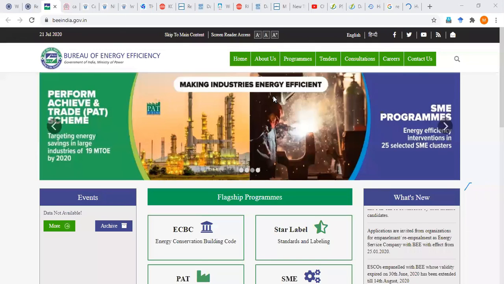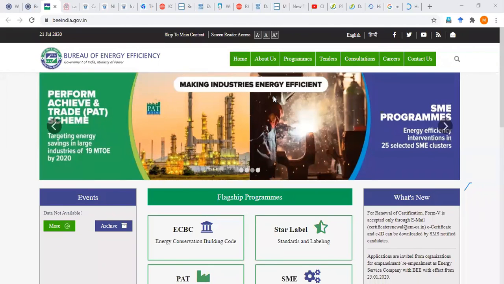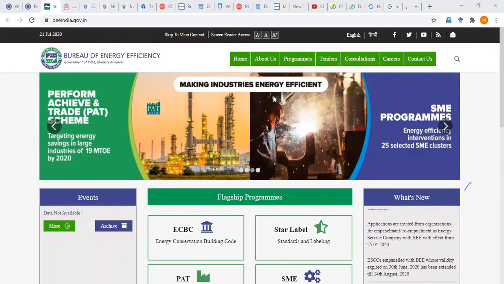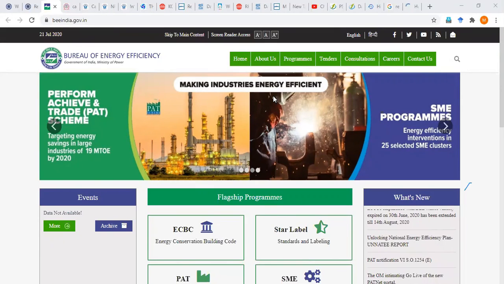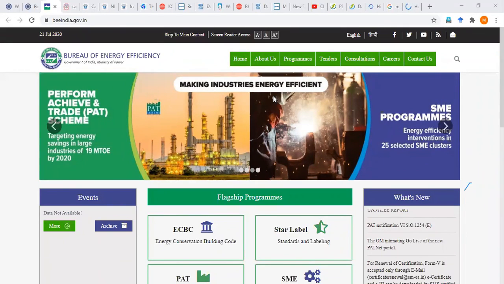Under this particular category, sources like magnetohydrodynamic generation or generator, then tidal power, then energy from biomass also come under this.